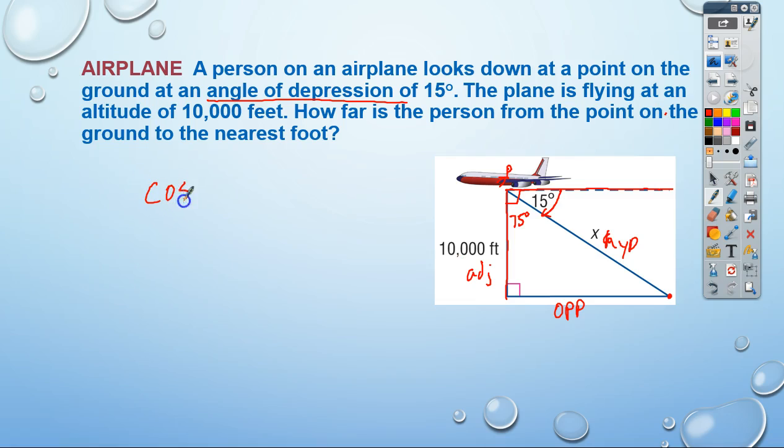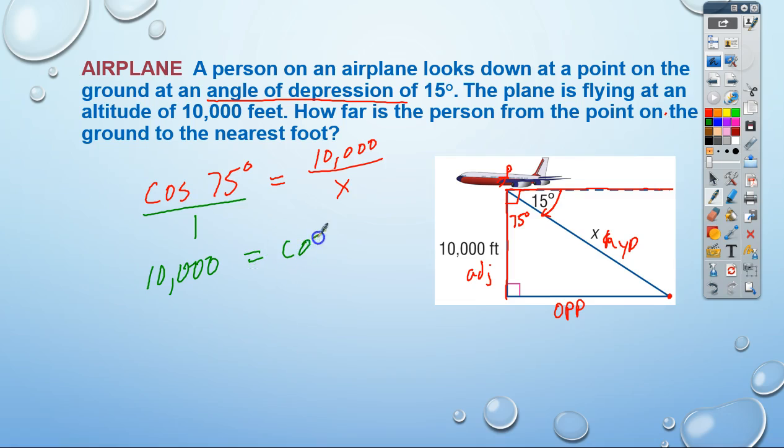So adjacent and the hypotenuse, that's cosine. So cosine 75 degrees is equal to my adjacent over my hypotenuse, 10,000 over my hypotenuse. Again, this is another one where I'm going to have to do that little cross multiply fun trick. Put that over 1. 10,000 is equal to cosine of 75 degrees times x.